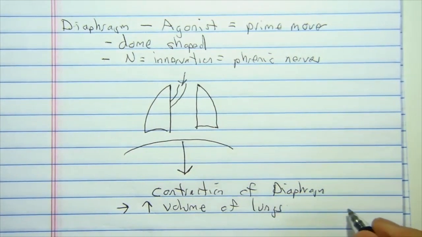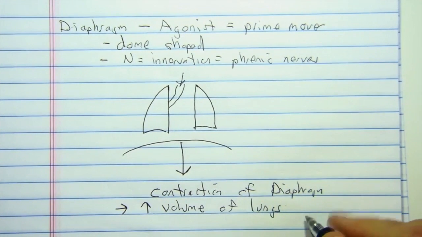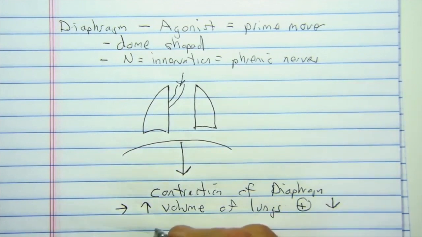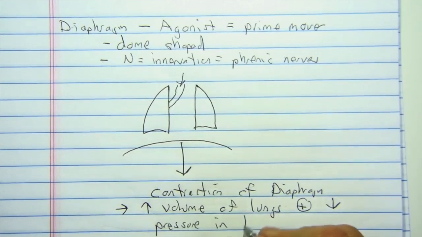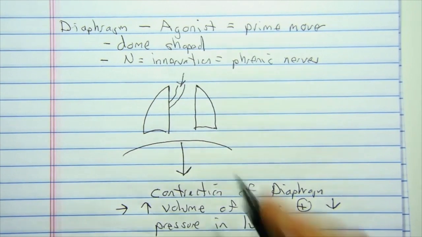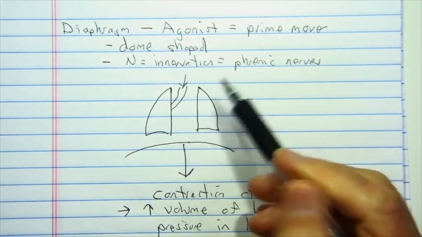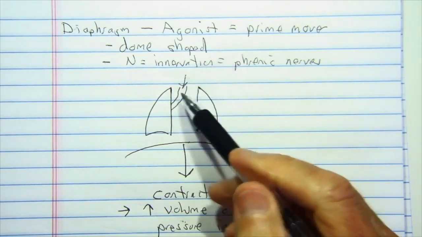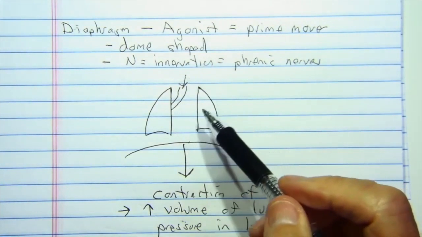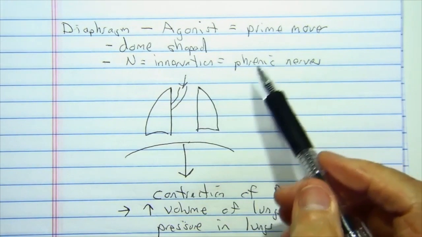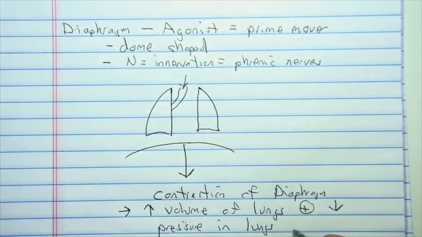And at the same time, when we increase the volume of the lungs, we're going to also decrease the pressure in the lungs. So when I pull this diaphragm down or contract it, this is going to cause the lungs to get larger, the pressure is going to go down, air is going to flow in, and that's going to lead to inspiration.